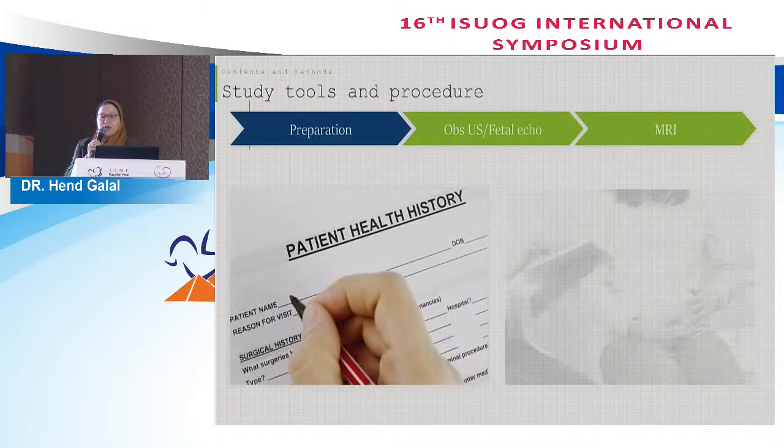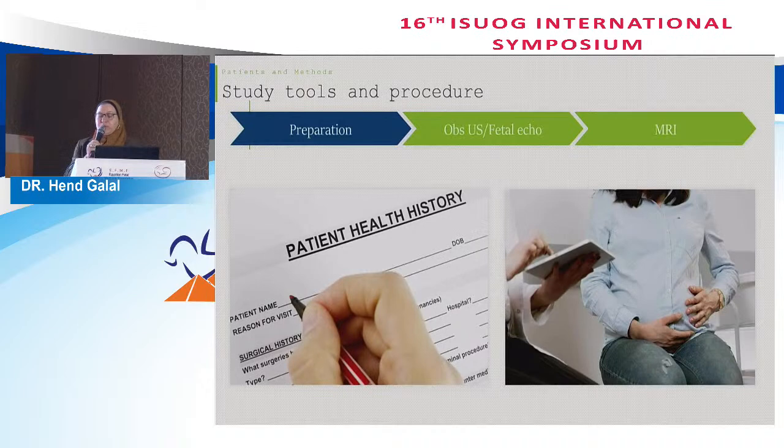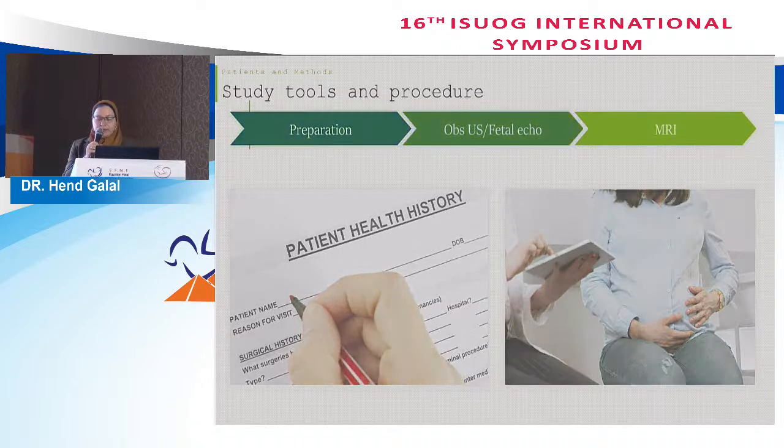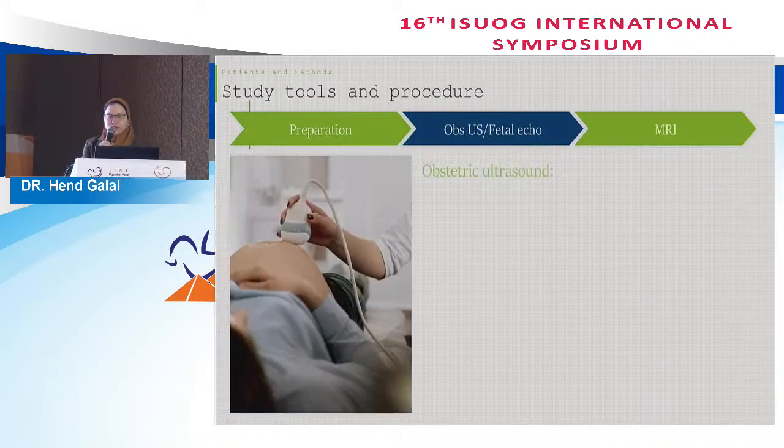As regards preparation, there was nothing special to be done to prepare a female for ultrasound or MRI. However, a full history was taken, and the procedure was explained specifically to the pregnant woman, who had the opportunity to ask any question, because the mothers were afraid of MRI.